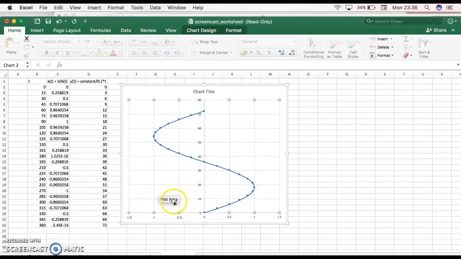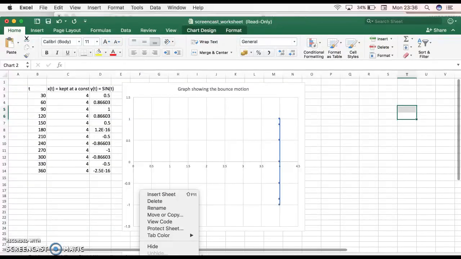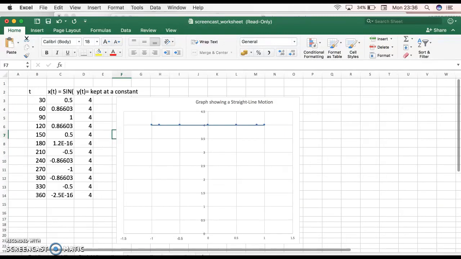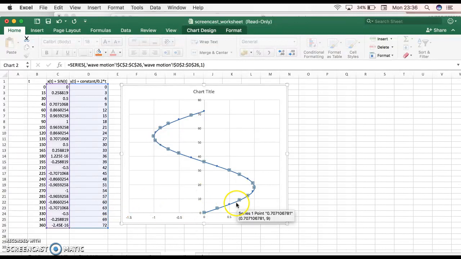As you can see here, our time is moving throughout here, and so are our constants. So as our time moves, our constants are swaying back and forth, a lot like our bounce movement and a lot like our straight line movement. But instead of the straight line, we'll be having a curvature.